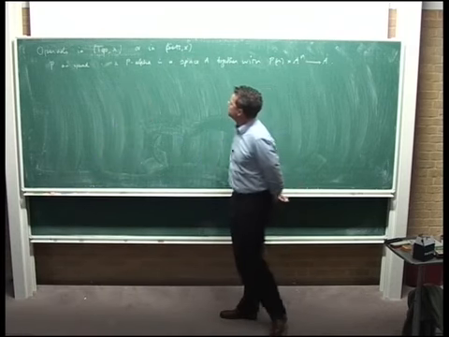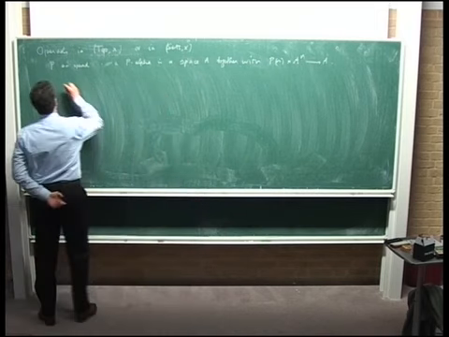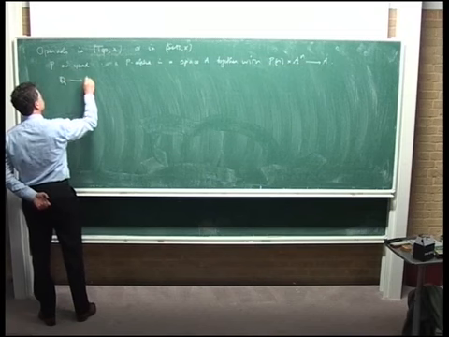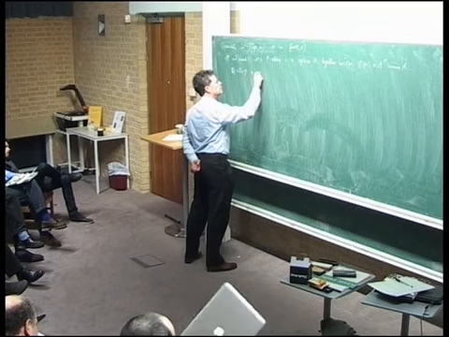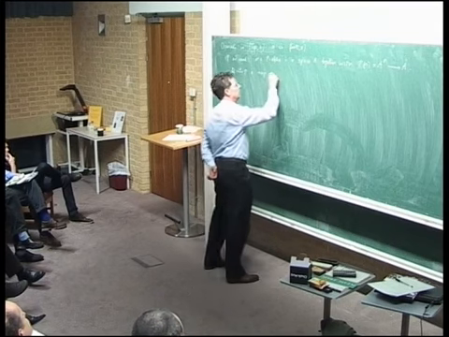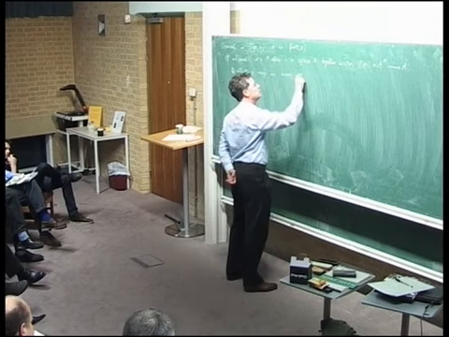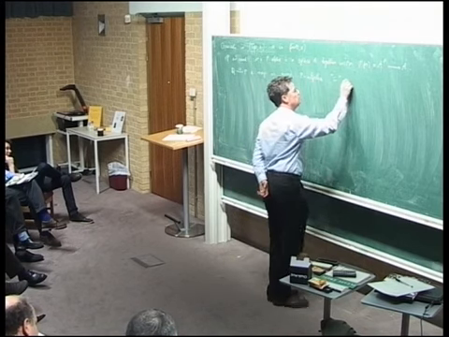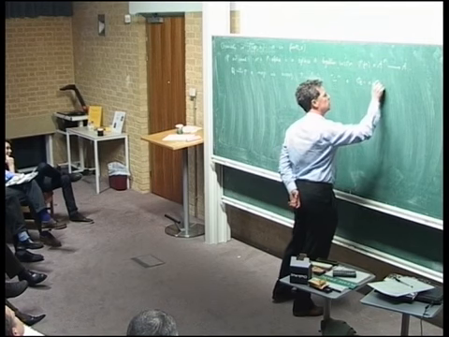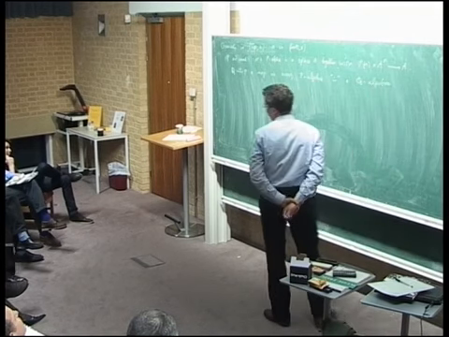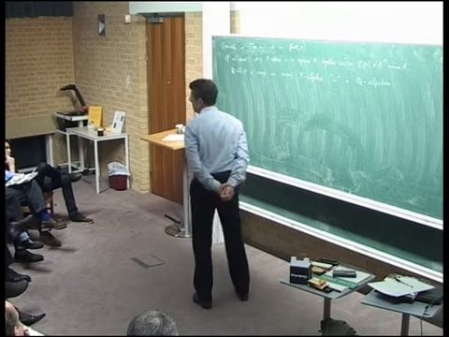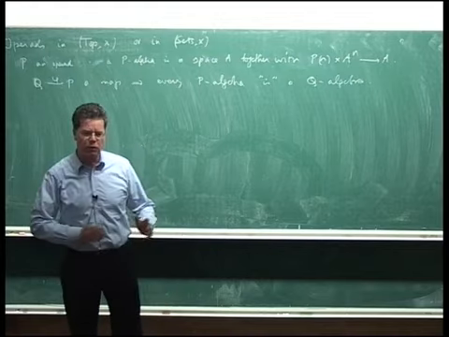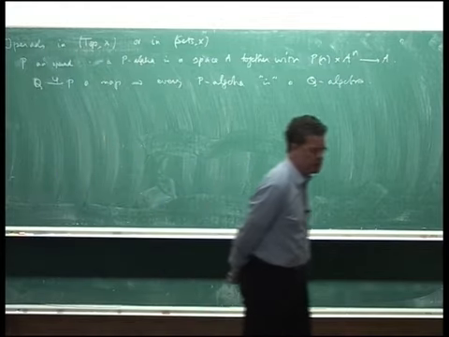So if you have a map of operads, Q to P, a map phi, then every P-algebra is a Q-algebra. You can just restrict the structure along phi, right? So it's a nice framework to compare various kinds of algebraic structures.